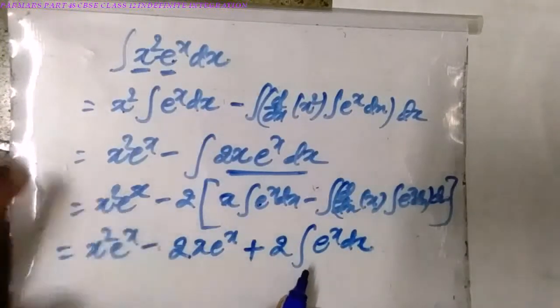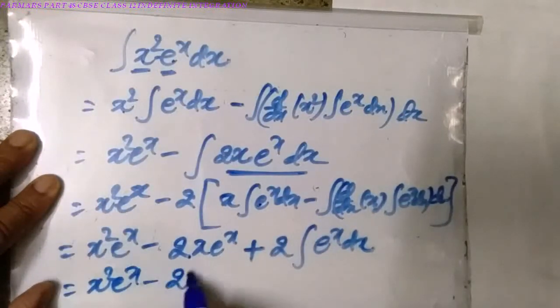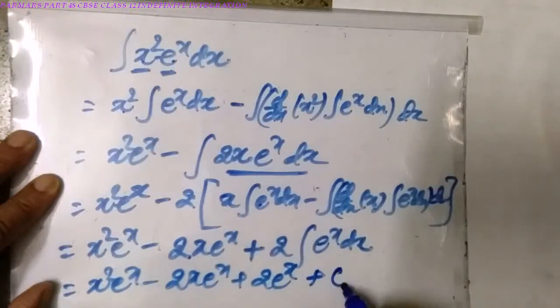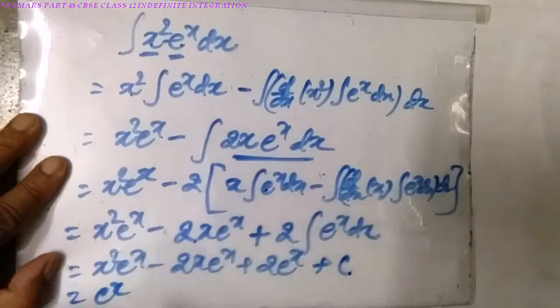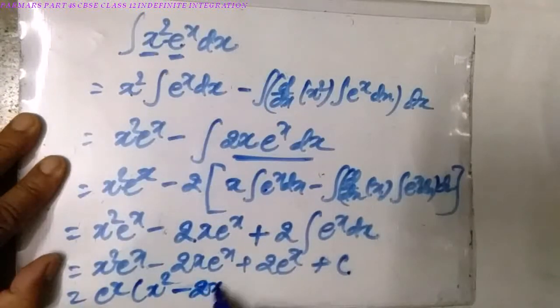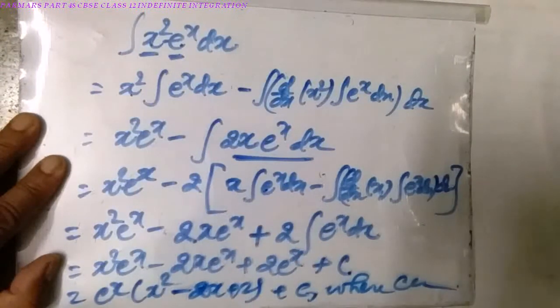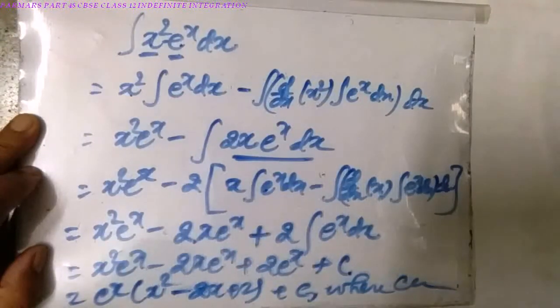Okay, so what we have, you just see x square e^x minus 2x e^x plus 2e^x plus c, where c is constant of integration. So you can take e^x as common, and then it is x square minus 2x plus 2 and plus c, where c is constant of integration. Is it? So this is what I have done, two questions based on integration by parts.